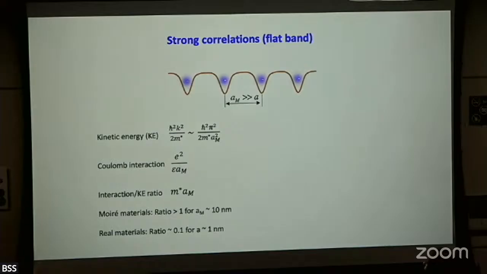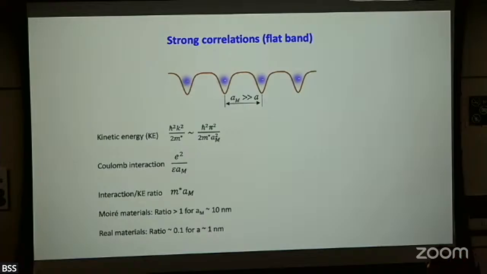So next, the important property, of course, I don't need to mention, is strong correlation, because now the bands are flat, right? So just to give you a number, for real materials, this ratio of kinetic energy to Coulomb interaction energy, which is proportional to the effective mass and the period, typically is on the order of 0.1 for a lattice on the order of a nanometer.